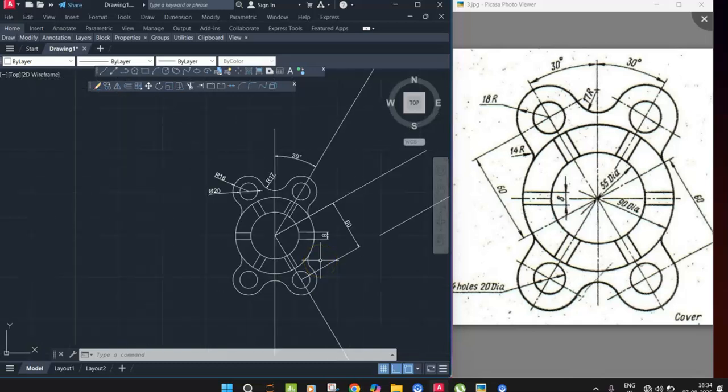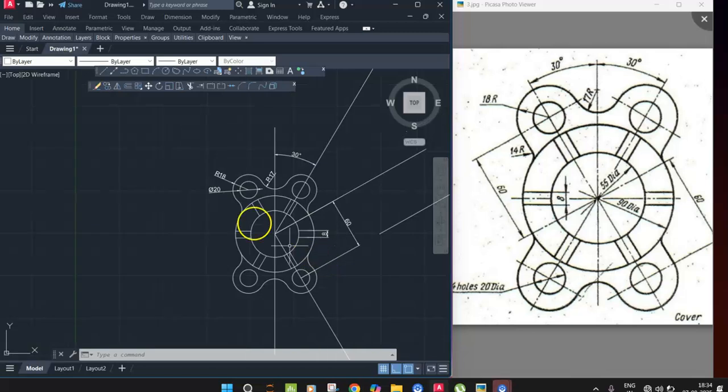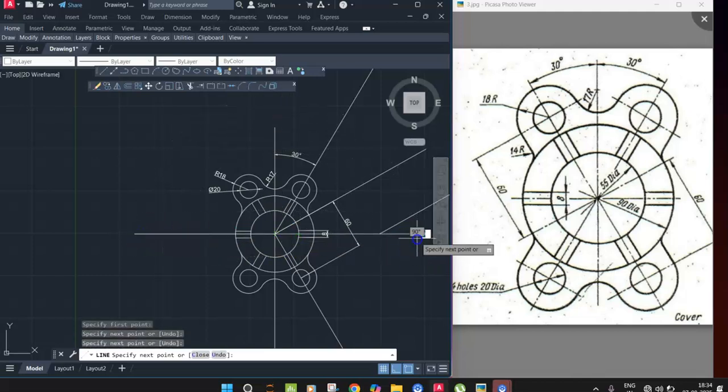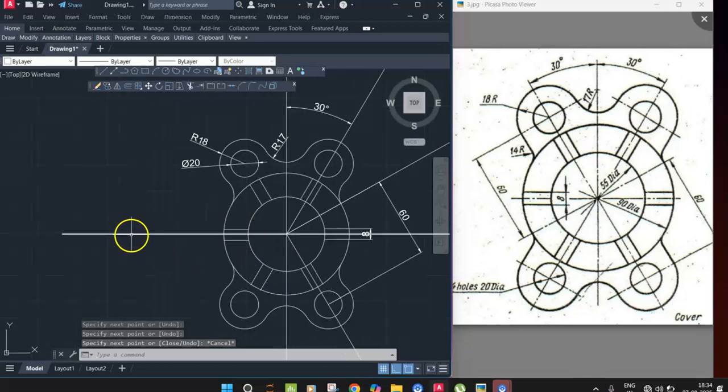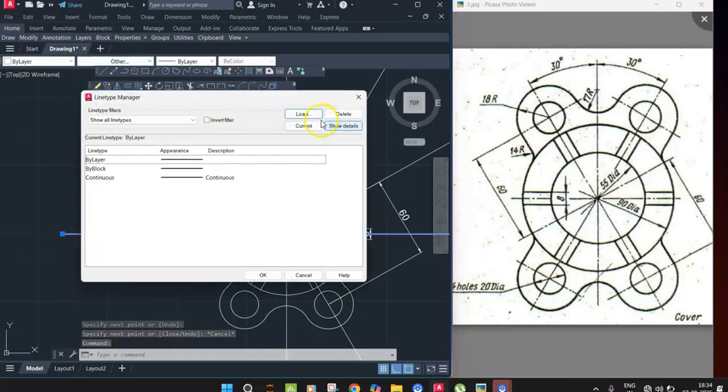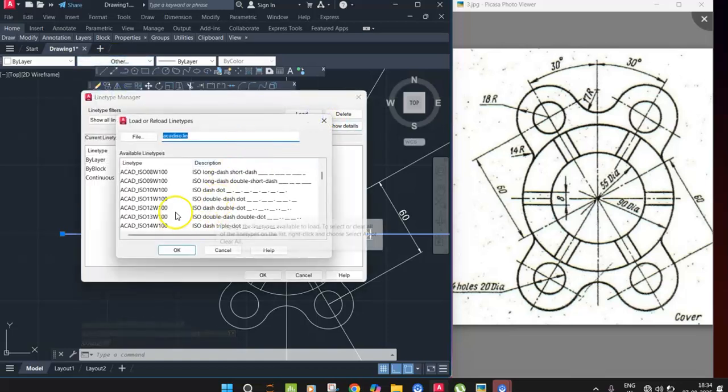Okay. In this fashion, we are going to draw, and it is very important to draw the horizontals and verticals, that is axis lines, and convert those lines into center lines.